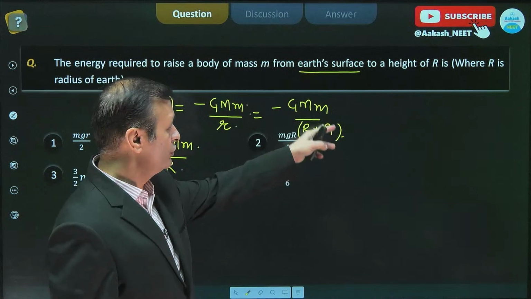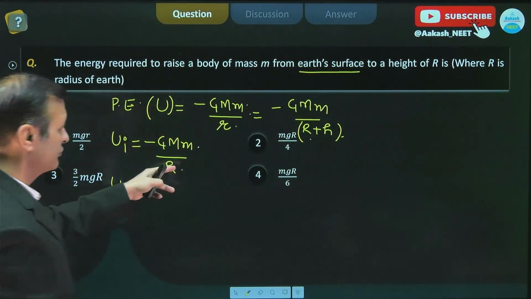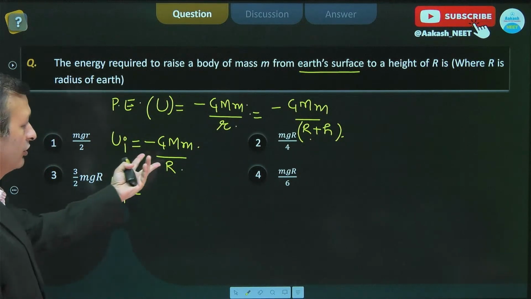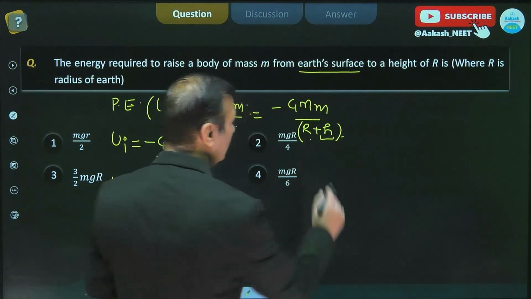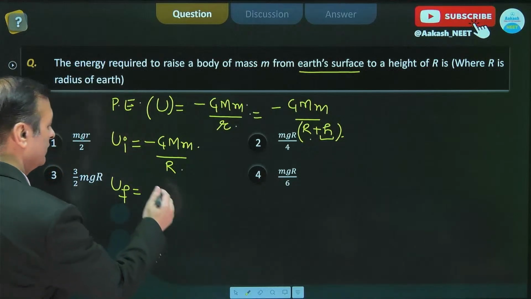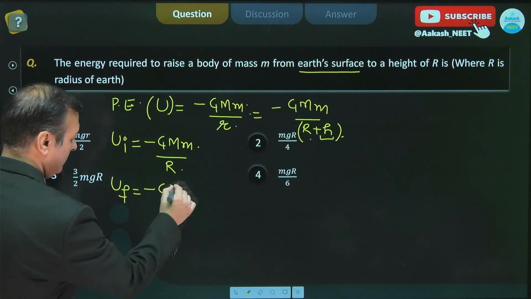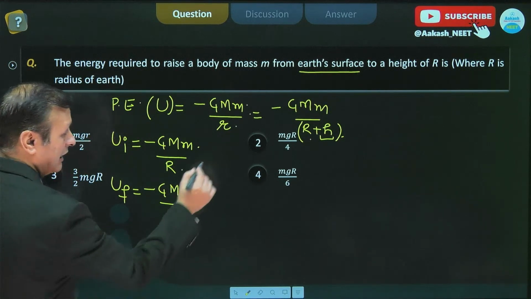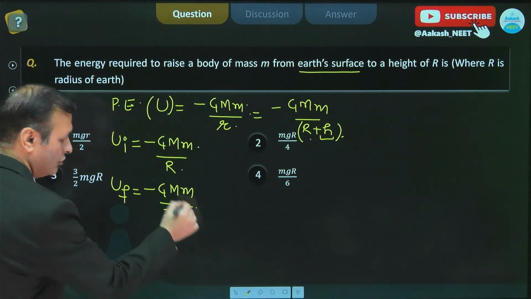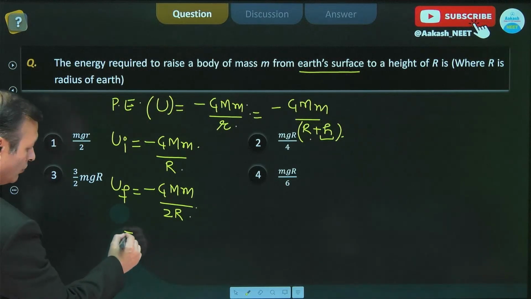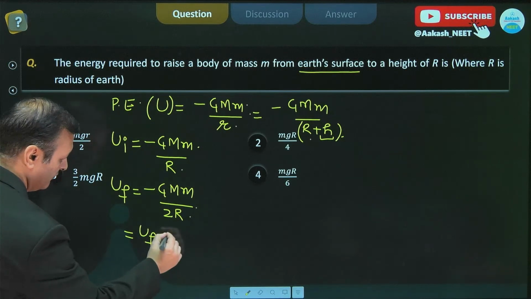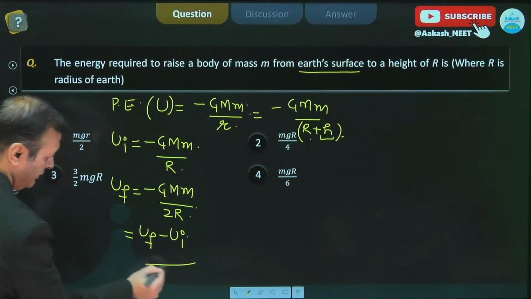So in the very first situation when the body was at the surface, h was 0, so we got this initial. But for the final one, this height is equal to r only, and this is GMm by r plus r, which becomes 2r, and the energy required is final minus initial.